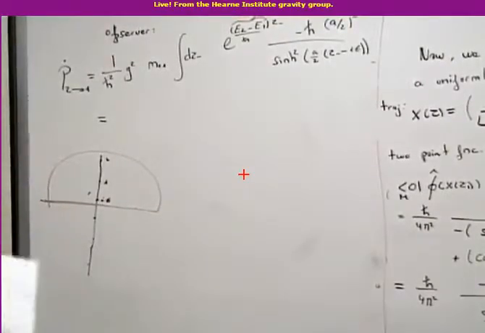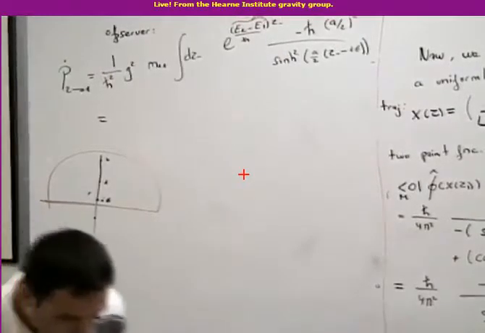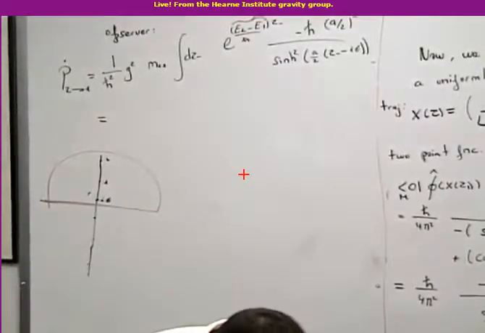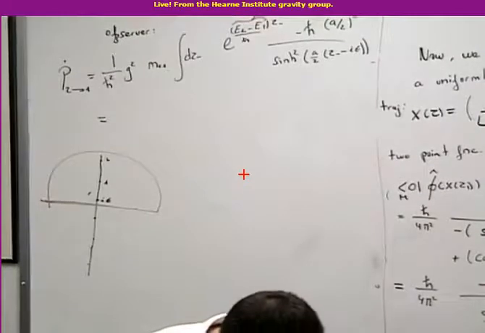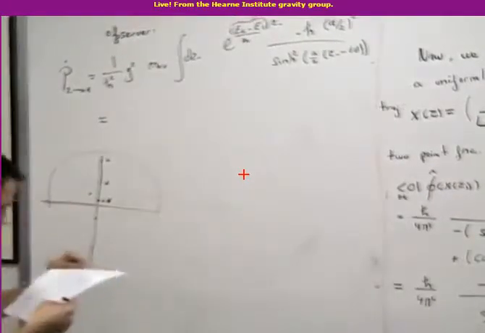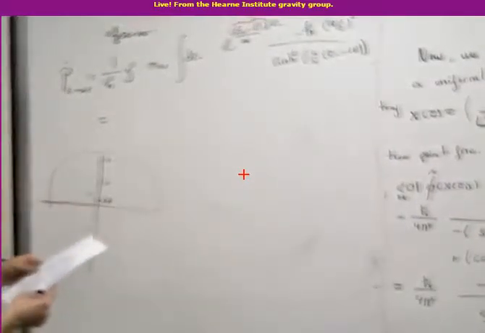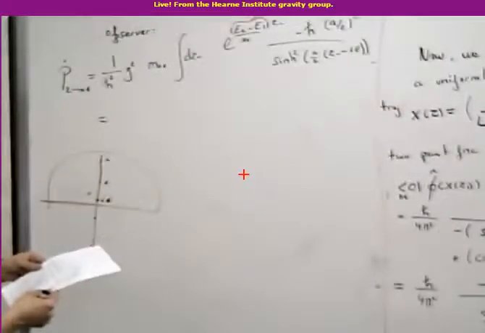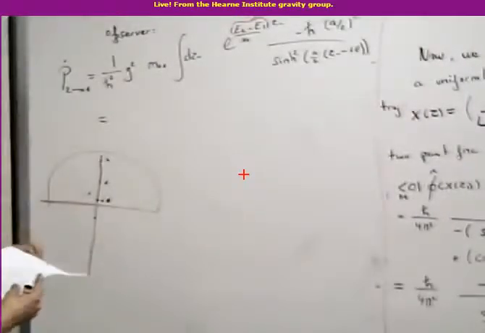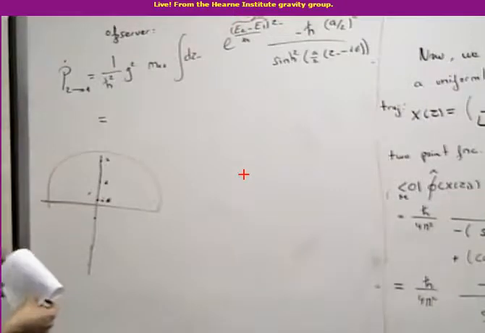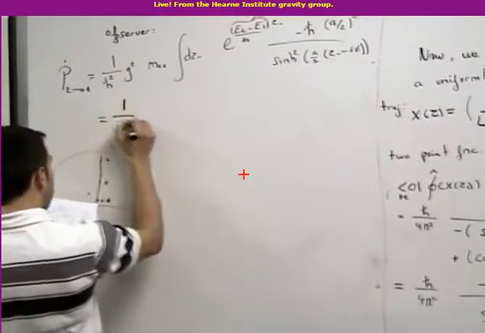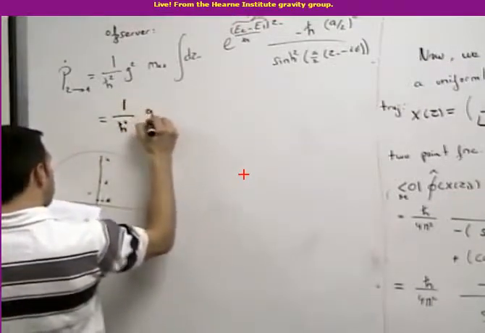Maybe I should write it in a separate way. Let me write it together and then separate. 1 over h bar squared.